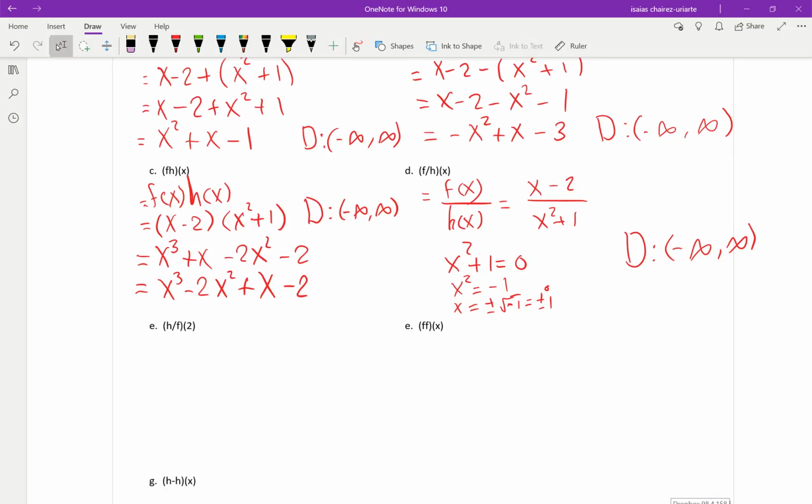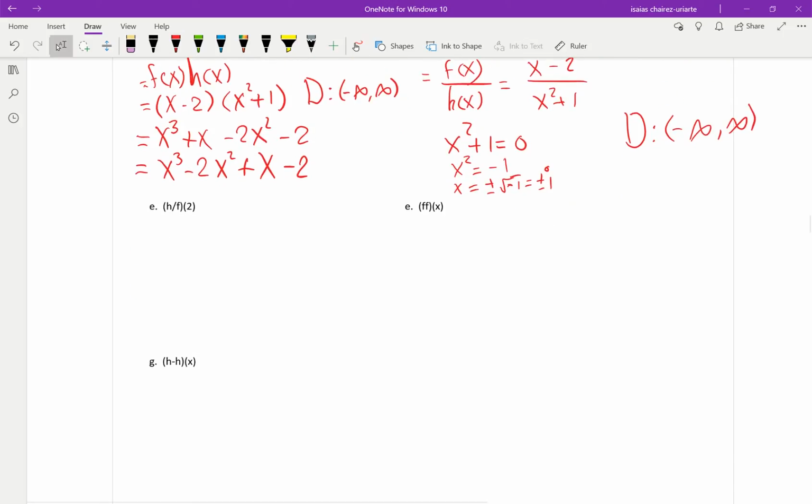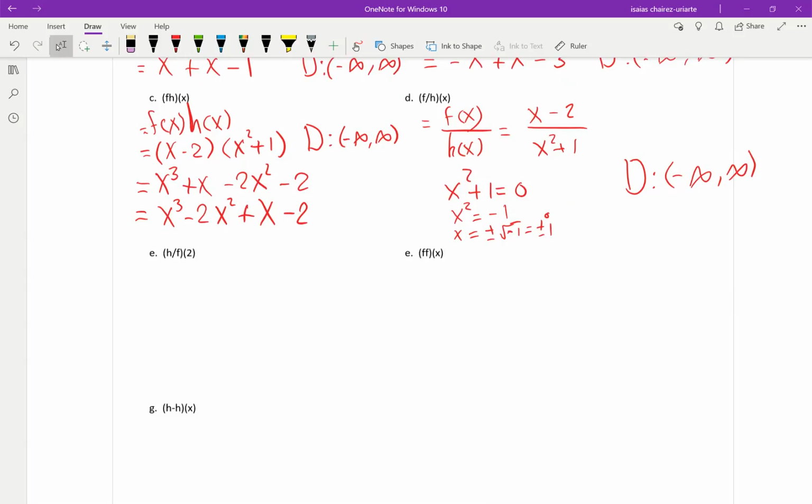All right, let's try the next one. Then in the next exercise, you're just supposed to end up with a value. This is just supposed to be a number. I kind of want to change the problem a little bit. We can do both. Let me just do the first one first. So h divided by f of 2, well, that just means h of 2 divided by f of 2.